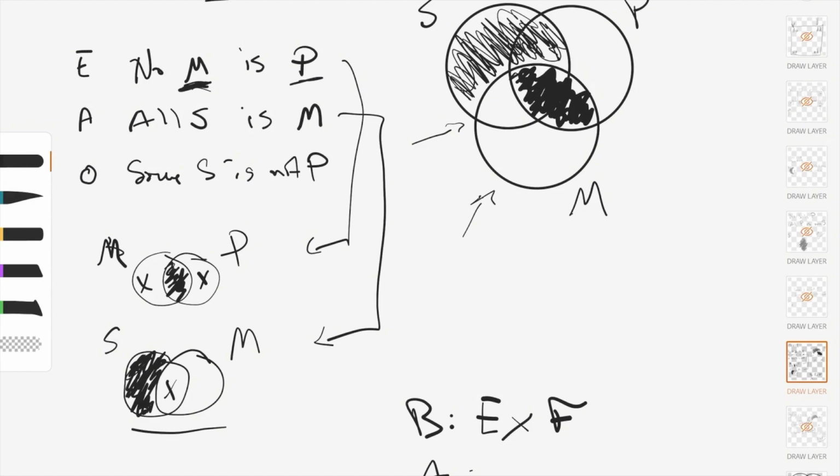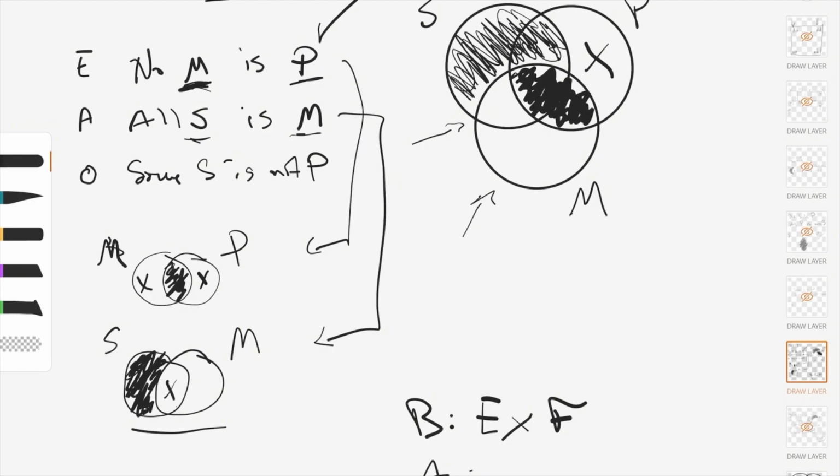What about P? This is a P that's not an M. Notice because of the shading we've already put on, we know that the P that is not an M cannot be in this region of S overlapping P because it's empty. So that is a definite X. We'll put it right there. So that one is done. Now we need to add an S that is an M that's going to be in a region that will also be an M that is an S, right?